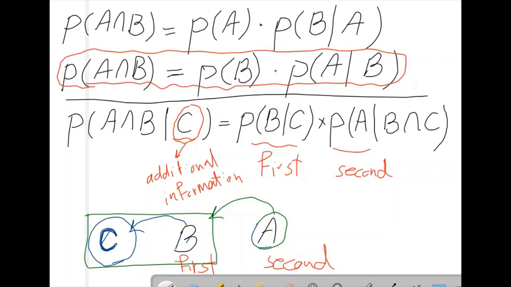Again, the first one is B, the second one is A, but there is a C from the past.